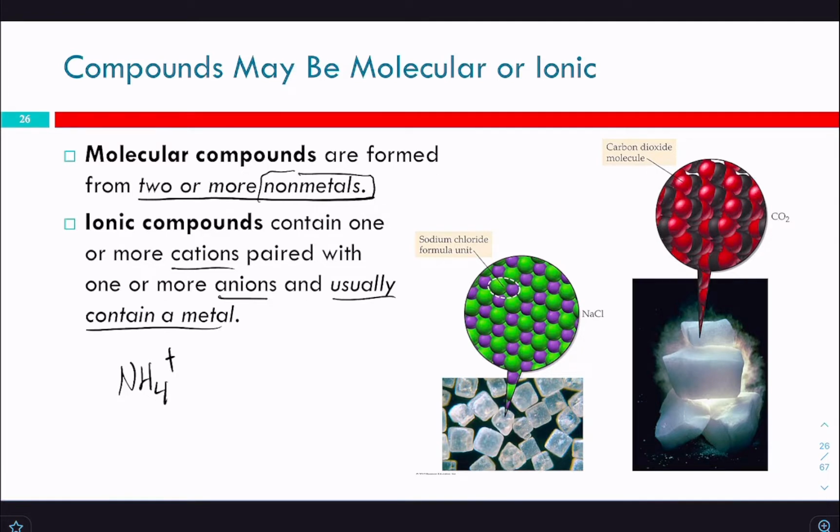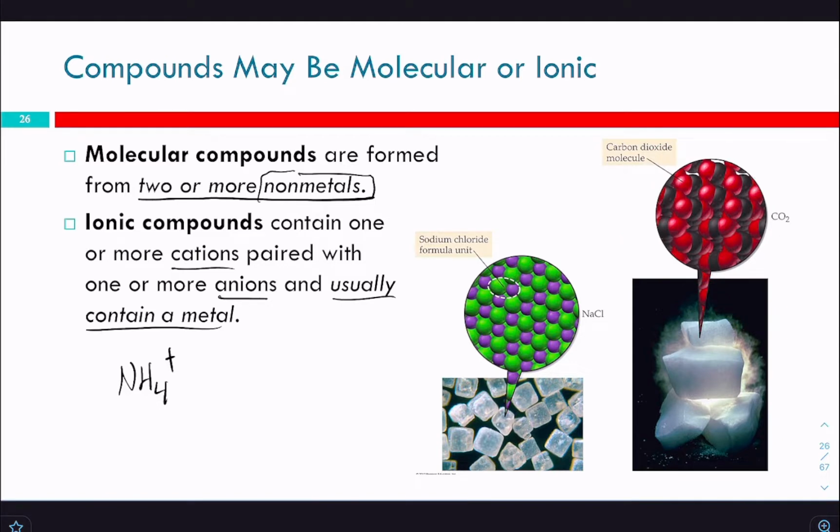So here we have sodium chloride, where we've got sodiums and chlorine, and then something like carbon dioxide. And on an atomic level, the big distinction between these two is that carbon dioxide molecules exist as individual molecules.